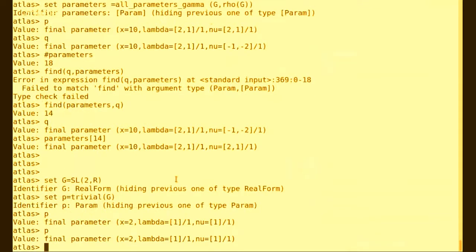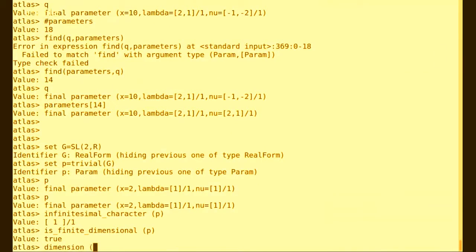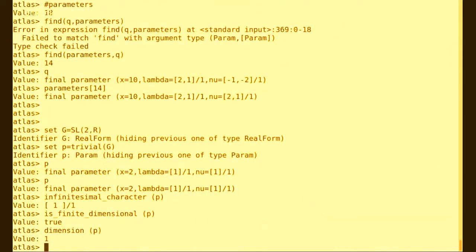So here's my parameter P, and the infinitesimal character is rho. This representation is finite dimensional, and its dimension is 1. So this is the trivial representation of SL2.